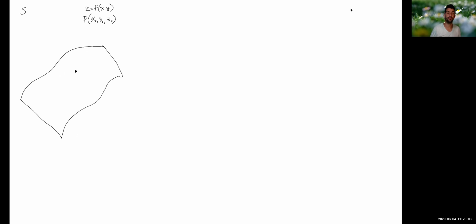So let's just say about this surface, let's assume that the surface has first partial derivatives that are continuous, okay? So we'll need partial derivatives that are continuous on our surface here. For most of the functions we're going to deal with, that's going to be the case.